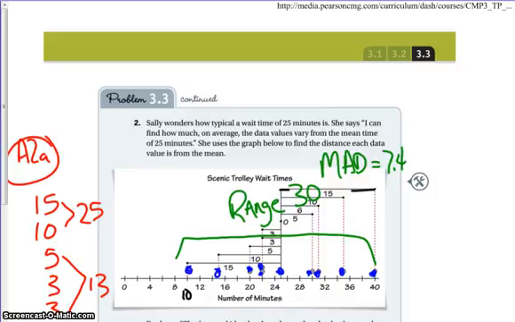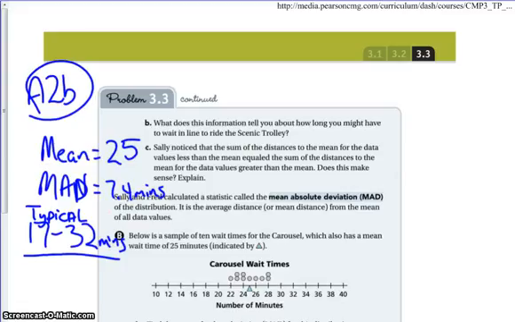This is a very large distribution. Maybe not as large as other things could be, but this data is not clustered close together. So that is exactly what the mean absolute deviation confirms. If we had a range of 30, we only have 10 numbers, they are very spread out. So this also tells me that our data is very spread out.